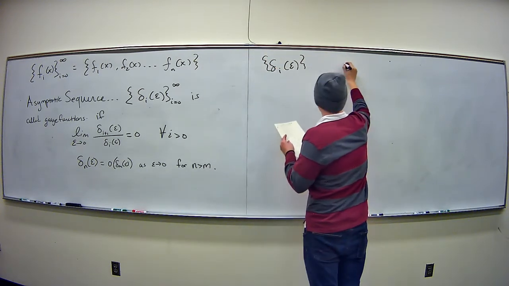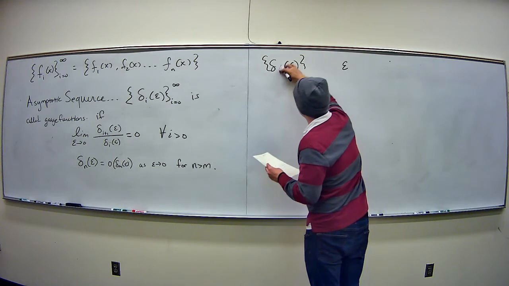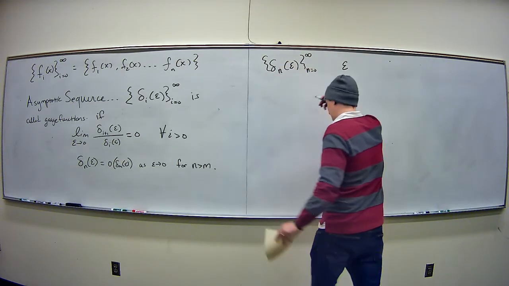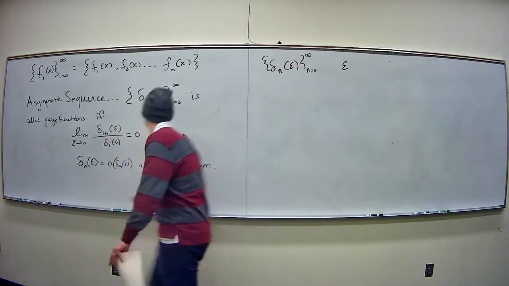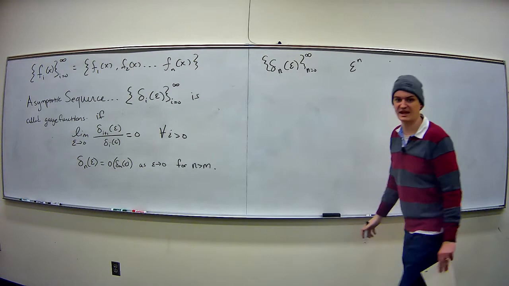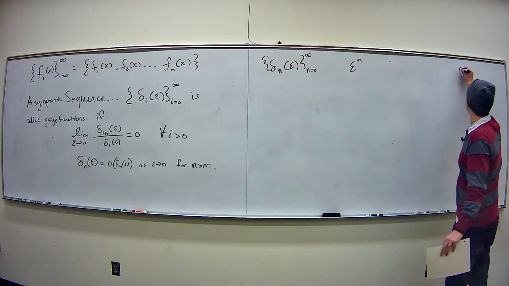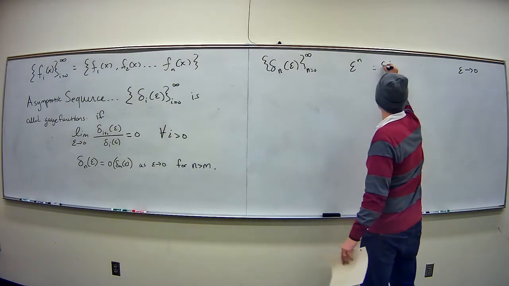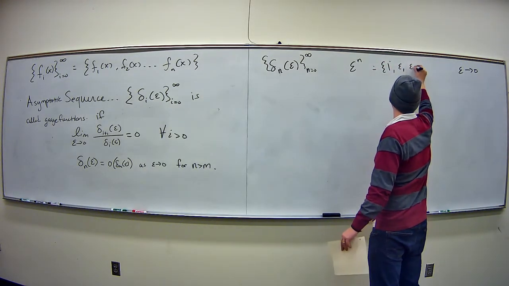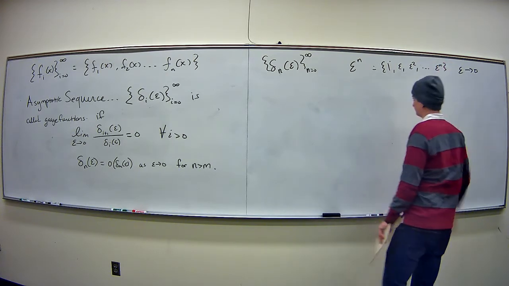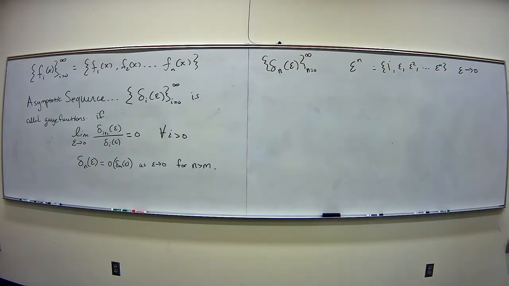I'll just list them. So how about, here's a list of gauge functions. I'll just list them down, right? You could have just epsilon to the n as epsilon goes to 0. What does that look like? I have 1, epsilon, epsilon squared, epsilon to the n.